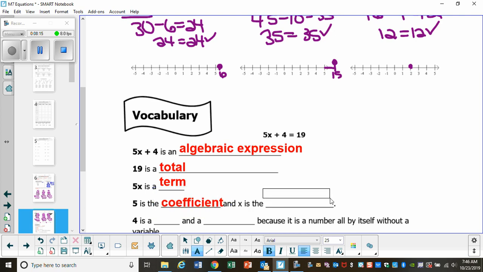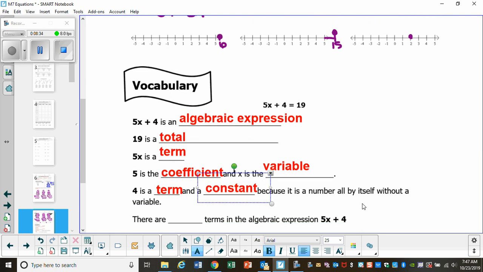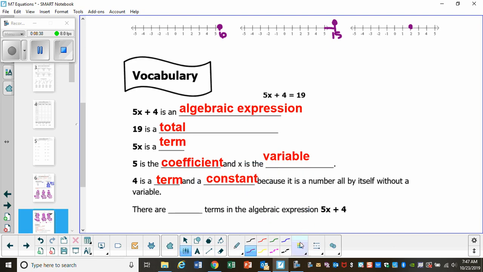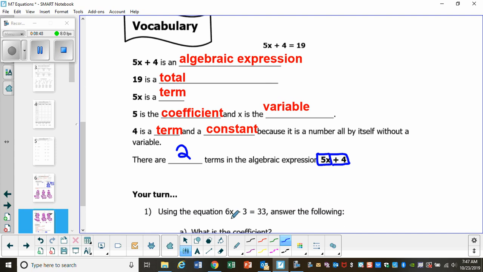And x is the variable. 4 is that number by itself, so it is a term and also a constant, because it's a number all by itself without a variable. And so if I look at this expression, remember we did this in the slide, there are 2 terms in this expression. 5x is a term and 4 is a term. So there are 2 terms in this expression.